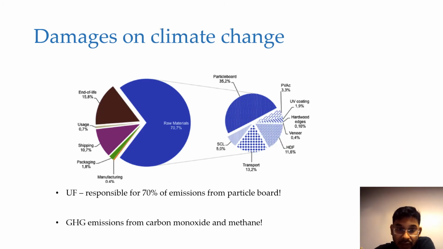And in the case of climate change, it's again the use of urea formaldehyde resin that is responsible for huge emissions from the particle board. You have emissions not just of CO2, but also of CO and methane. All these GHG gases have to be taken into account. So what you are essentially seeing is that you have to break down the raw materials into different components.